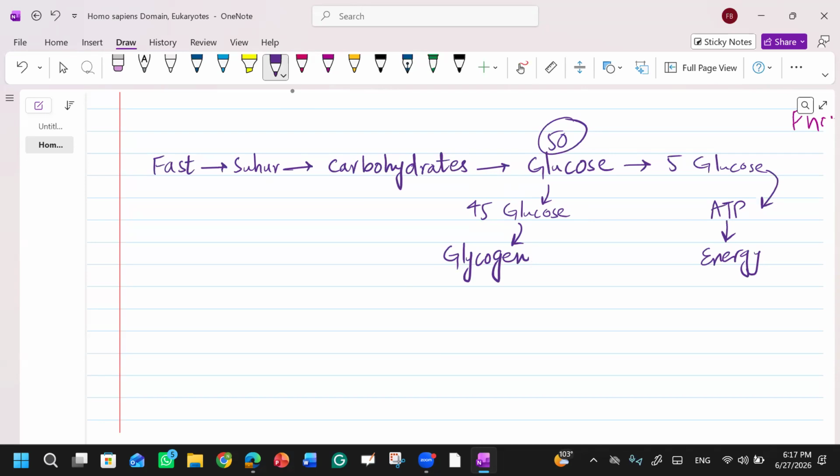After some time, like after 2 or 3 hours, it will start to convert into glucose, like maybe five molecules will be converted into glucose. Then from that, your body will get energy in the form of ATP. Then after some time, again more glycogen will convert into glucose and give the ATP. So this is how our body works.